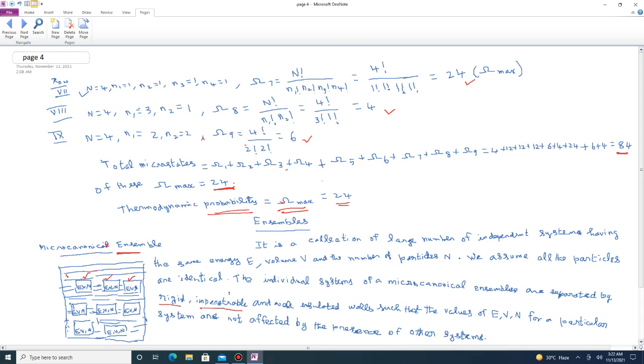The volume of all the systems is the same, the number of particles is the same, and the energy belonging to the particles in each system is the same. So this is called the microcanonical ensemble.